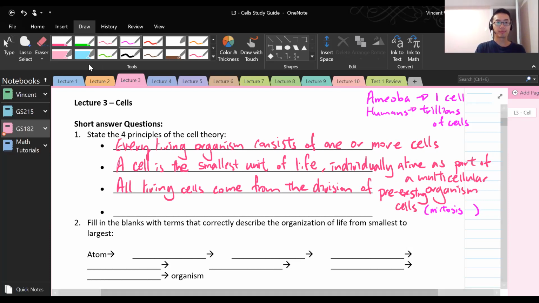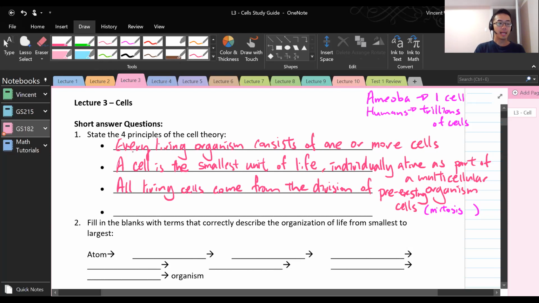And then the last part is that cells contain some kind of hereditary material. Now, it doesn't always have to be DNA.